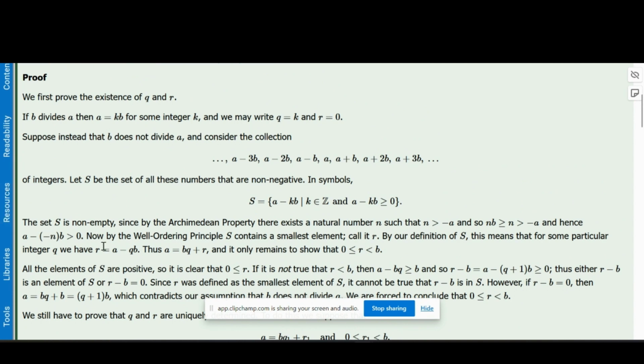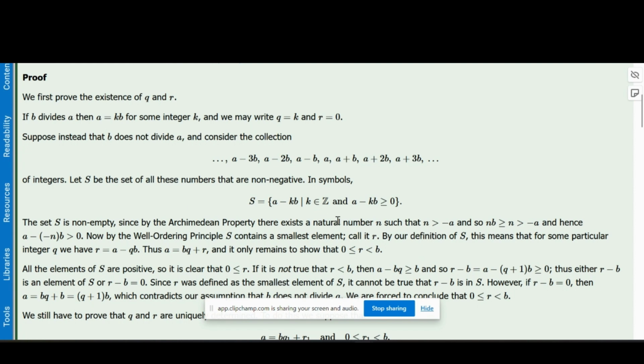The set S is non-empty since by the Archimedean property there exists a natural number n such that n is greater than minus a, and so n times b is greater than or equal to n, which is greater than minus a.